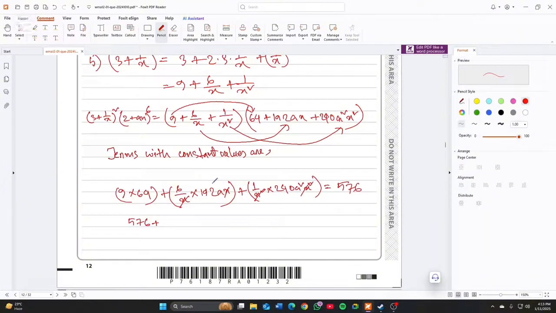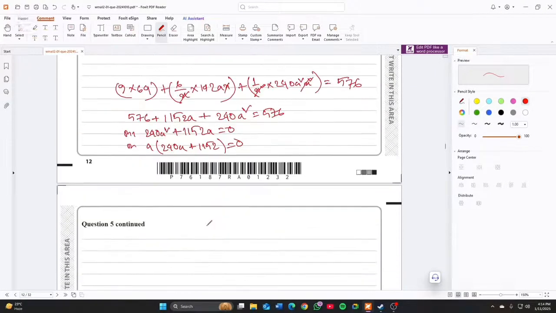So 6 times 192 is 1152a plus 240 a square will be equal to 576, or 240 a square plus 1152a equals 0, or a common. If we take a as common, then 240 a plus 1152 will be equal to 0.